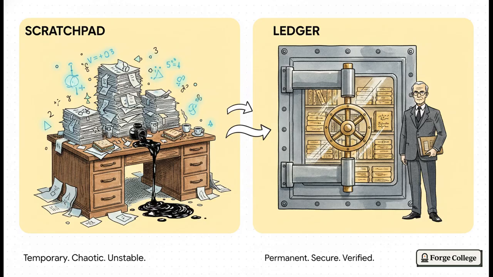Papers everywhere, temporary math is happening, but none of it is official yet. On the flip side, you have the ledger. This is the persistent canonical state, balances, storage, code. This is the heavy steel vault of permanent records managed by that strict head accountant. The intern can do all the math they want on their desk, but until they physically walk over and officially log it into that steel vault, it just doesn't count.